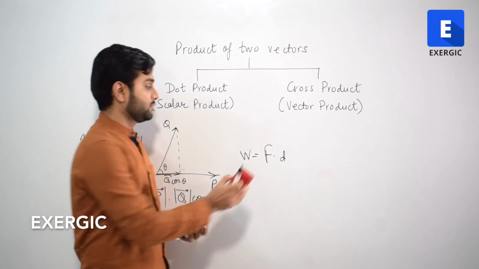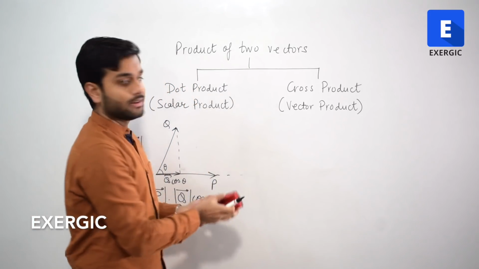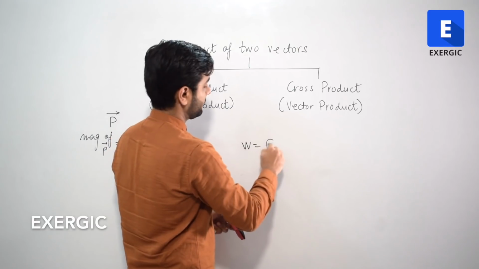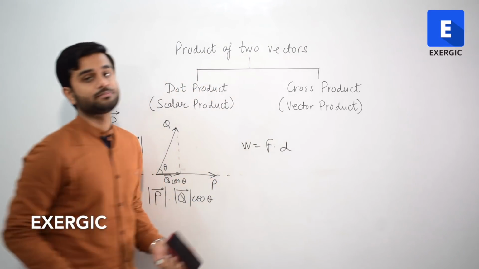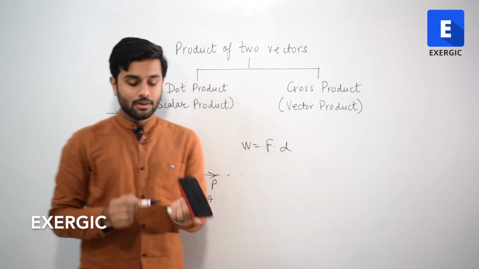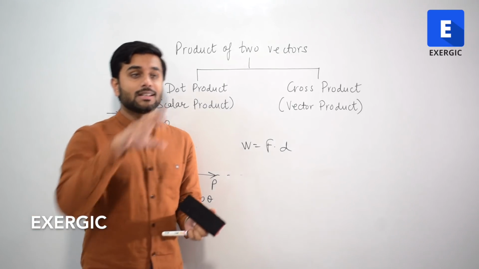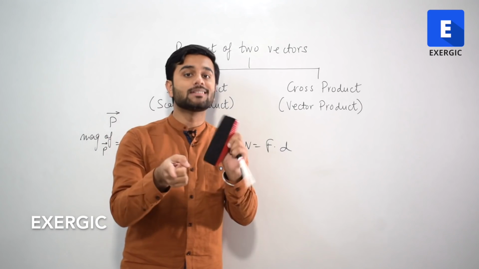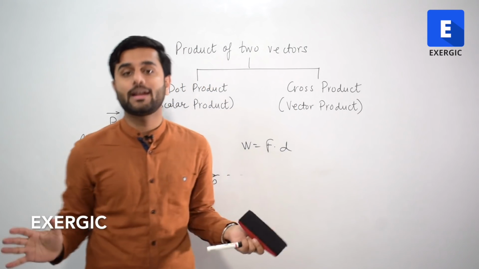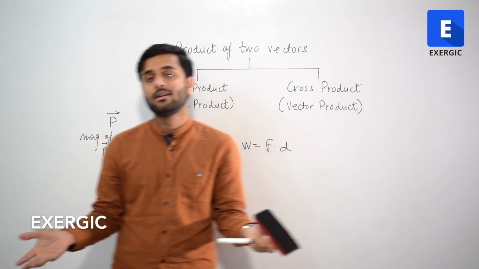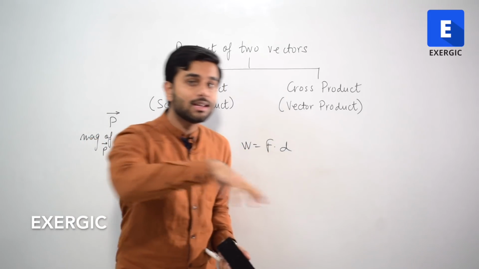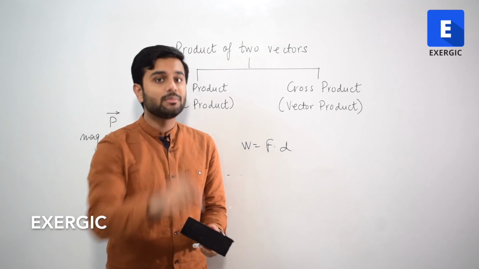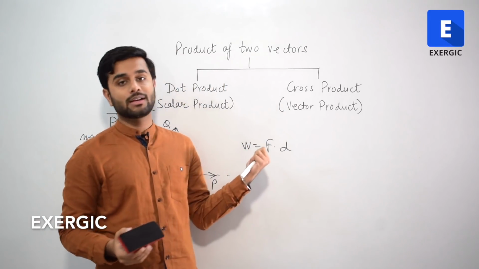So there it is useful. Force is a vector. In W is equal to F and D, force is a vector. Displacement is also a vector, but you wanted the displacement in the direction of force. So there you are multiplying two vectors, right? But you are not randomly multiplying their magnitude. That doesn't mean anything. You are multiplying the magnitude of one in the direction of the other. That is something meaningful that we can see when we are calculating work.